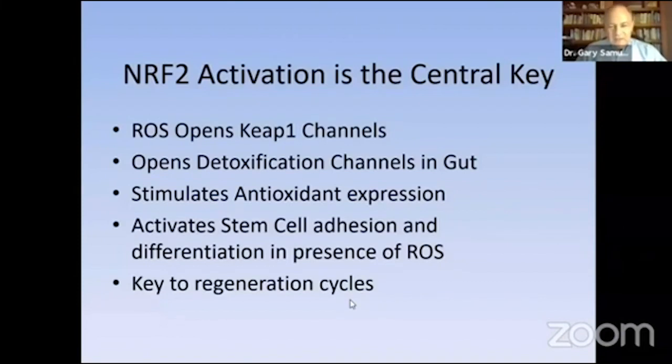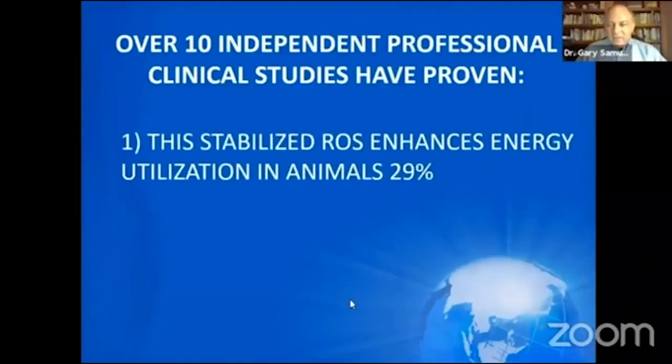It opens detoxification channels in the gut, and stimulates antioxidant production, and it's key to regeneration cycles of the cell. So we found that this is just almost a universal heal it thing. If you want to be a little bit less technical, where it is exposed, it tends to accelerate the healing process of the cells.